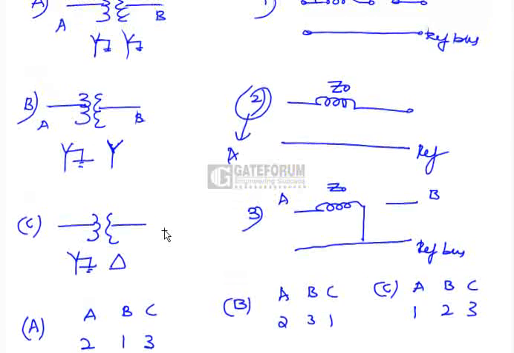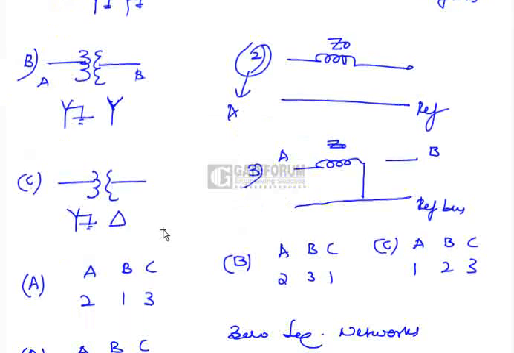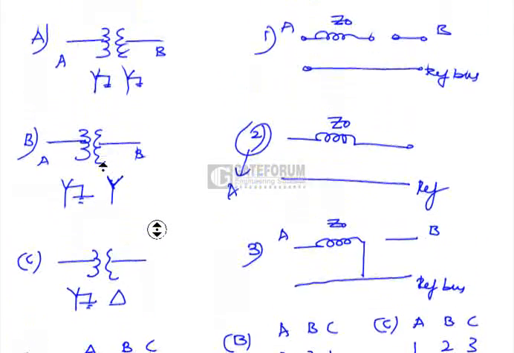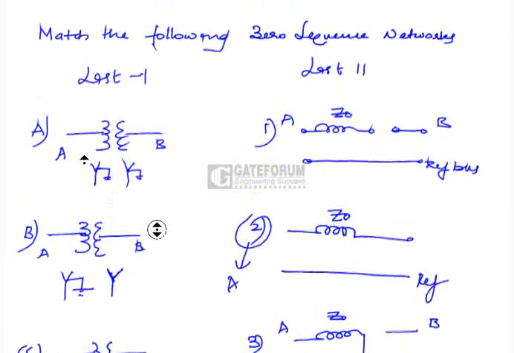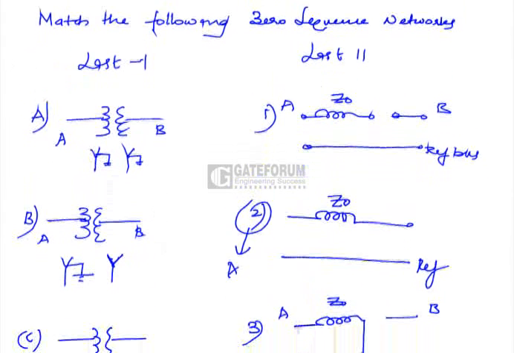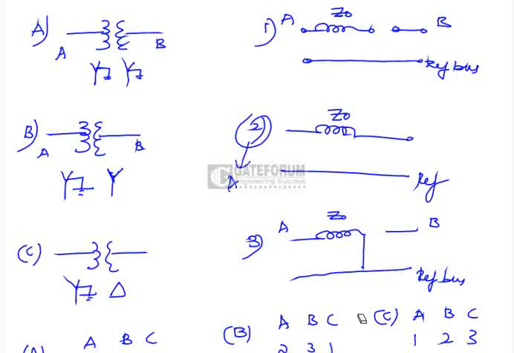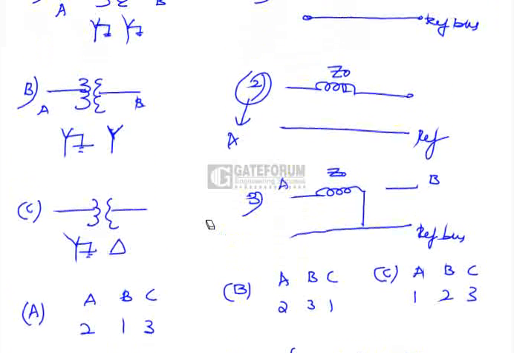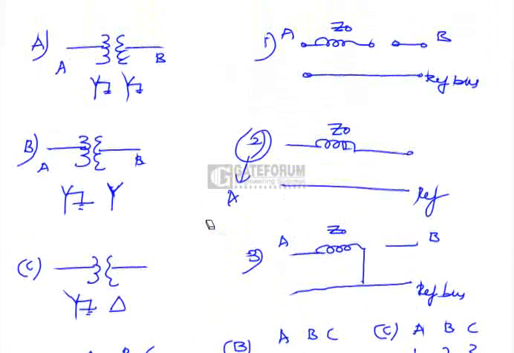Now what about B? In B you have star grounded in the primary, so this switch should be closed, and isolated star in the secondary. Since you have isolated star in the secondary, this secondary switch should be open. The corresponding answer for B is 1.